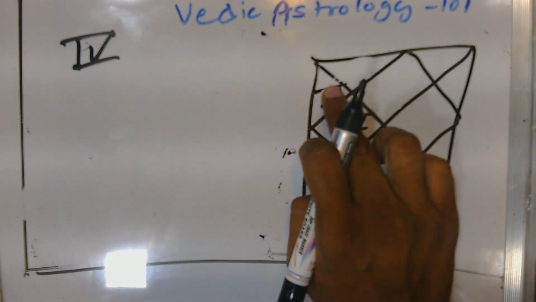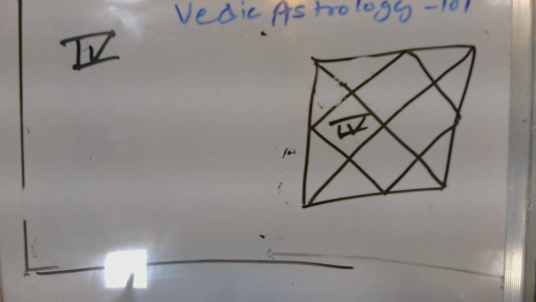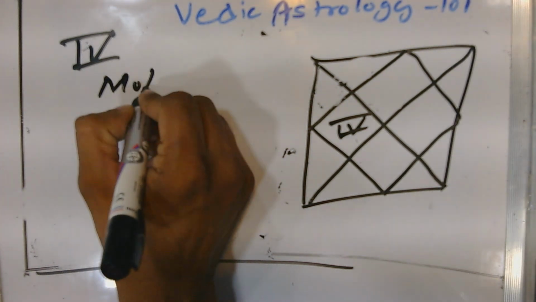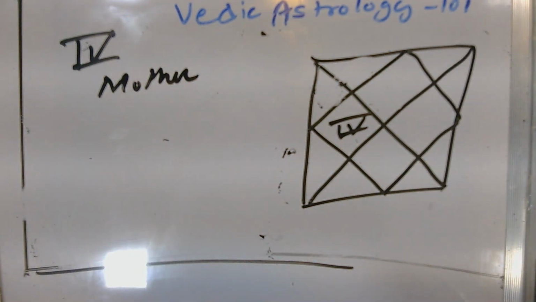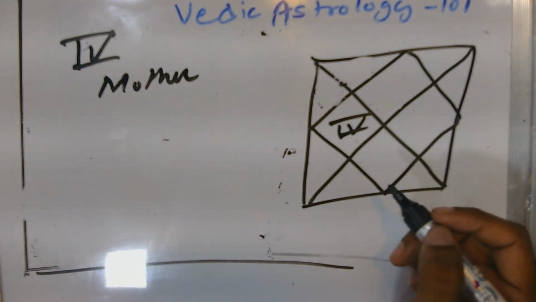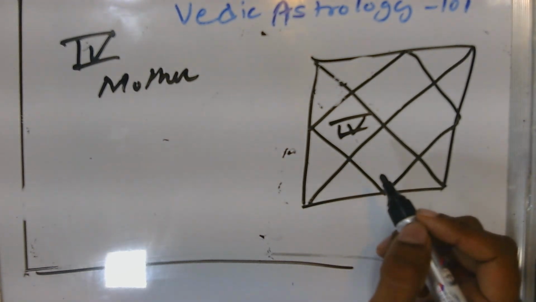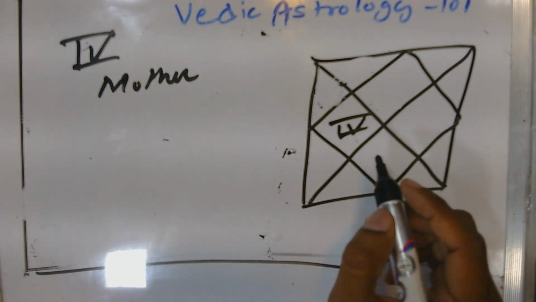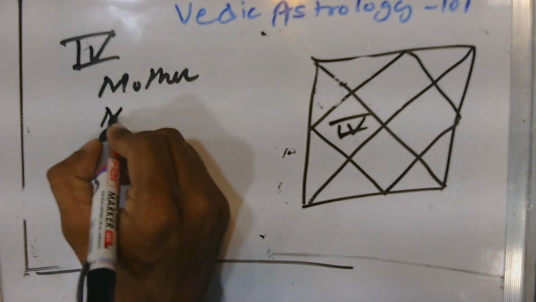Now, the fourth house, like we have seen that the third house will also tell you about information about your siblings, your younger brother or your younger sister. Fourth house is called house of your mother. Information about your mother can be seen from the fourth house. Fourth house will also give you information about the materialistic things.